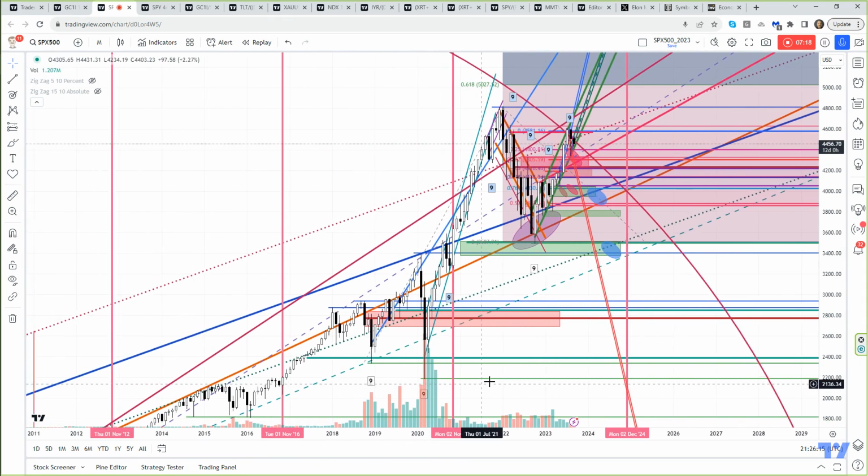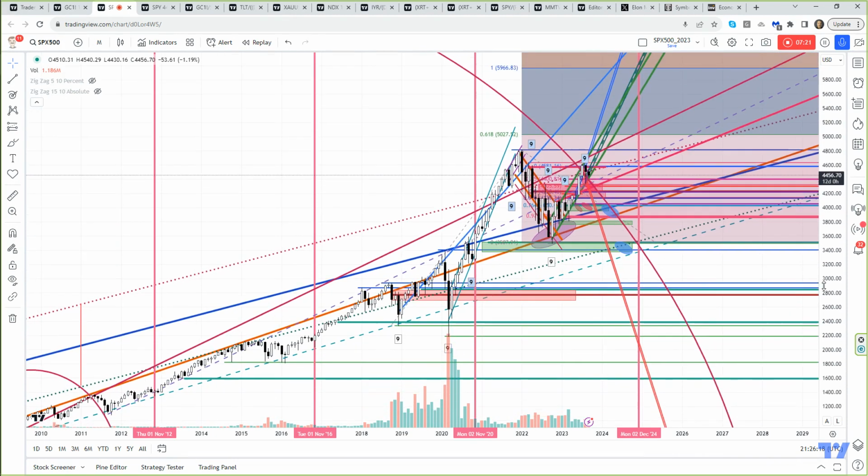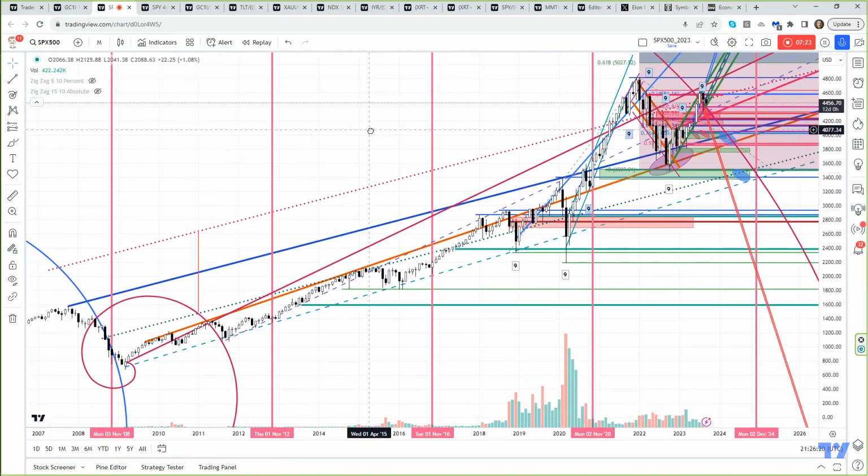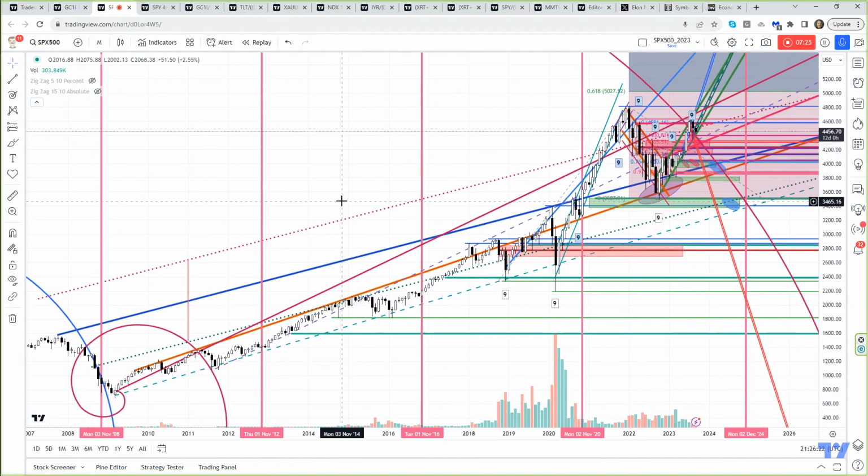Now, secondarily, I really want to point out these longer term angles and lines. Okay, so we have a long-term line here, this blue dash line off of these lows across these rejection points. This becomes very strong support down here.